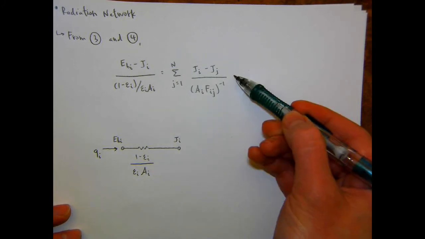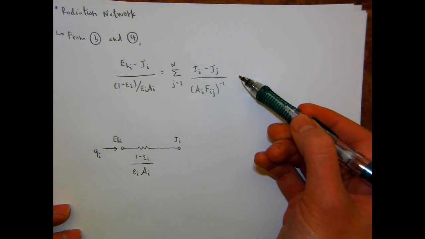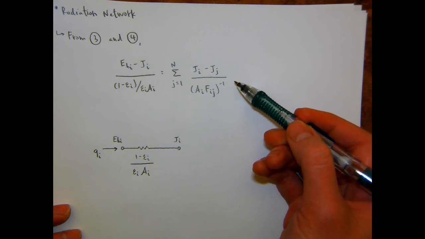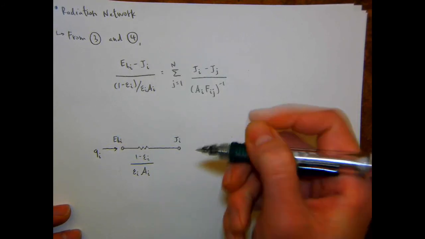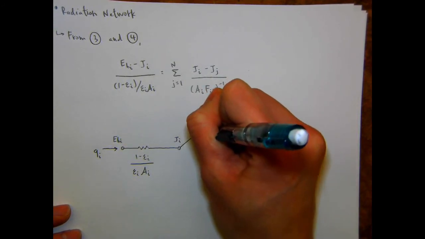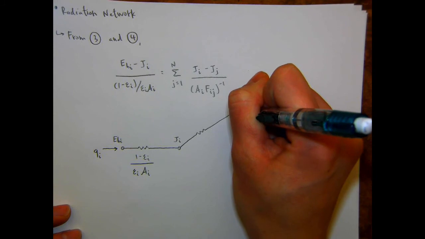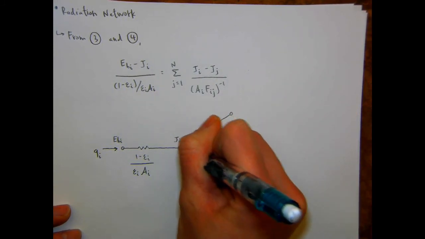So now, on this side, we have the sum of the radiation exchange with all of the different surfaces. So that ends up being this kind of parallel type circuit.